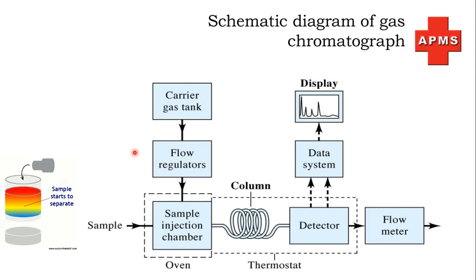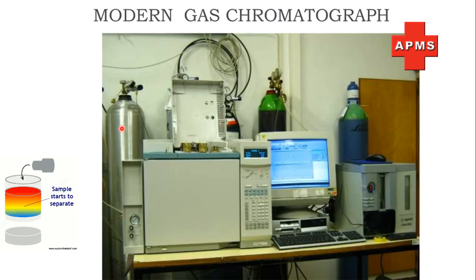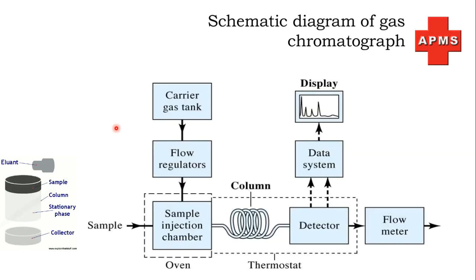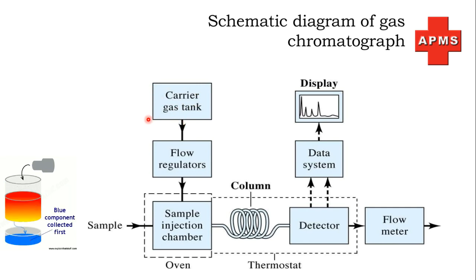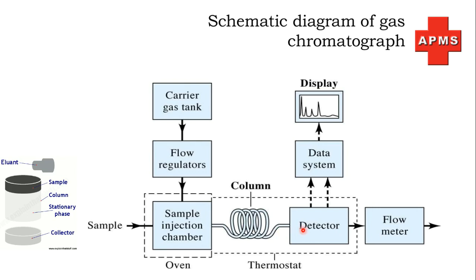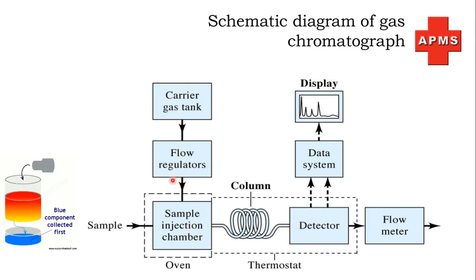Now what is the basic starting point? That is the carrier gas tank. This cylinder is a carrier gas tank, which contains any type of gas. Which gas should be used will depend on the nature of the sample. The whole setup will be made sample friendly, meaning the sample should be properly separated and detected.